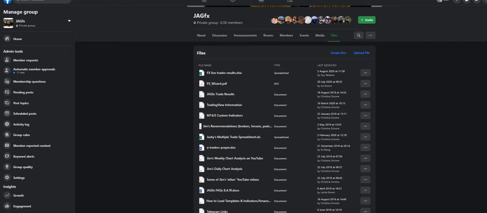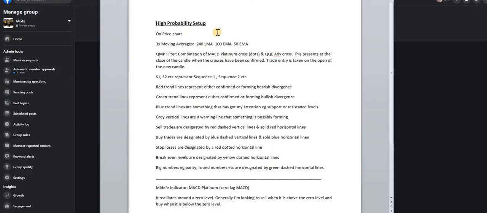So with regards to the setups, you'll see on the chart shortly, there's a lot of lines, different colors. You can read this, pause the video, read this, take a screenshot, do whatever. Like I say with all my videos, if I talk too quick or you don't understand me or English is not your first language, just slow down the video or pause it.